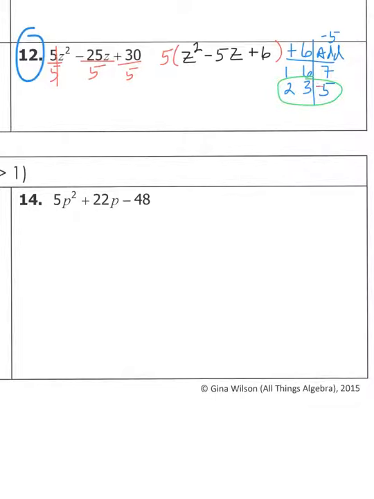My 5 is negative, so the bigger of the two carries that sign, and then the 2 will also have to be negative in order to combine to make a negative 5. So now the 5 gets brought down in front, and then you have your two binomials. Z squared becomes z and z, and then you have your minus 2 and your minus 3. And so that's it.